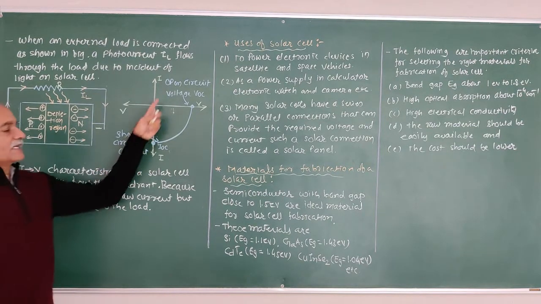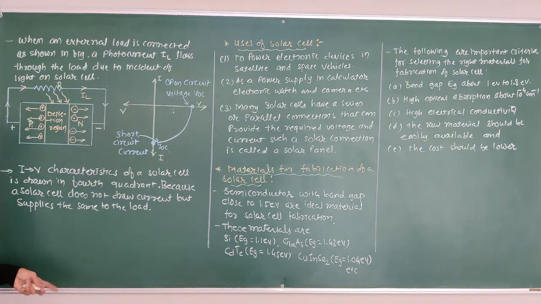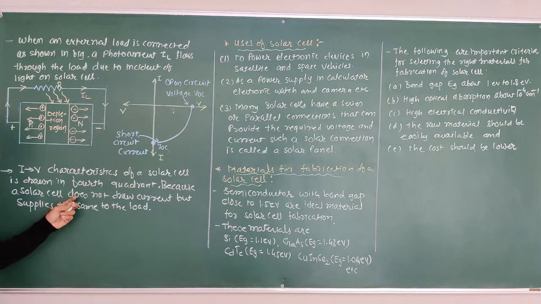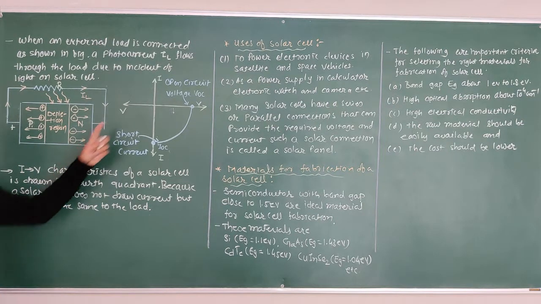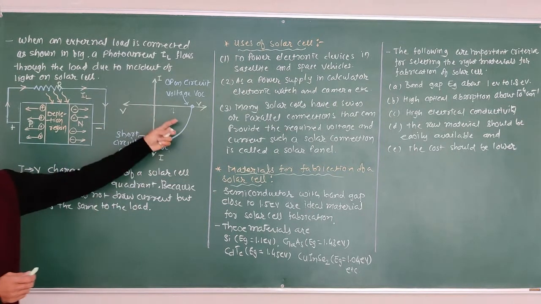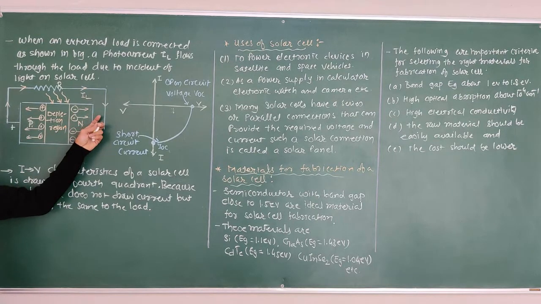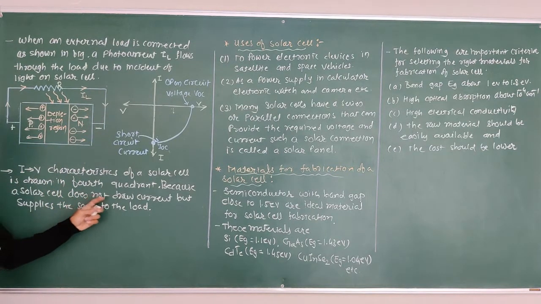The IV characteristic of a solar cell is given in the fourth quadrant of the coordinate axes, because the solar cell does not draw any current, but it supplies current to the load.